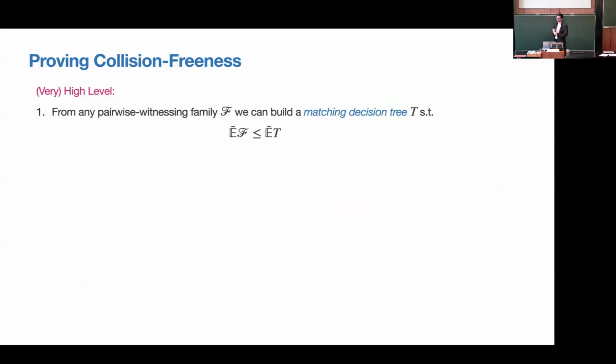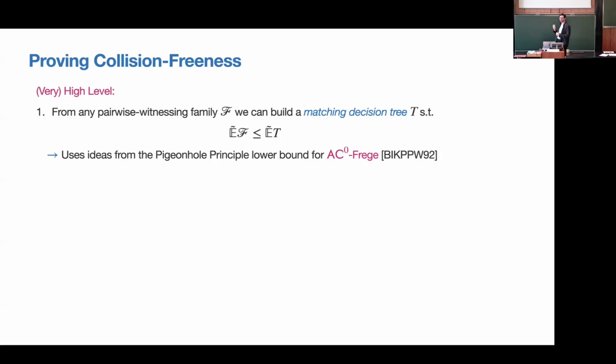The very last slide is the high-level idea of how to prove this collision freeness. We're going to show that from one of these pairwise witnessing families, we can construct a matching decision tree. The main thing I wanted to say is that we're going to use ideas from this old paper, which shows the pigeonhole principle lower bound for AC0 Frege. There they use these matching decision trees as a key component.